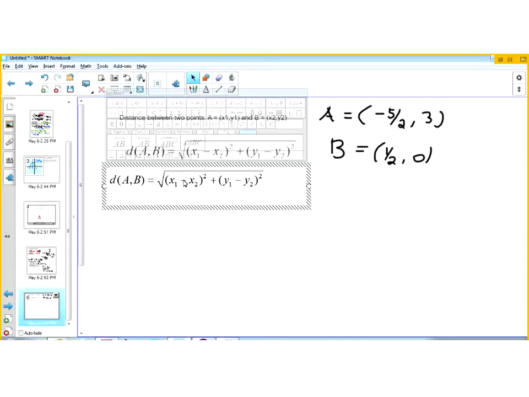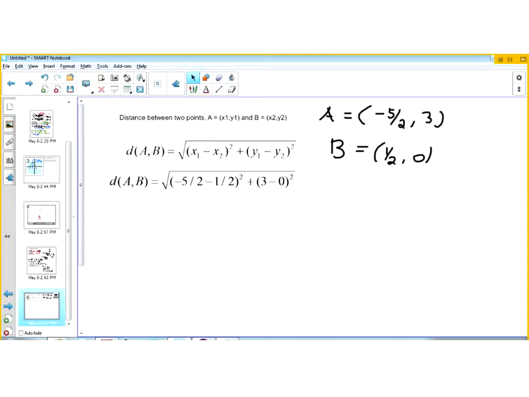So x of 1 in this case would be negative 5/2. So what we do is we type negative 5/2, and then x of 2 would be what? A half. All right, and then y sub 1 is 3, and y sub 2 is 0.